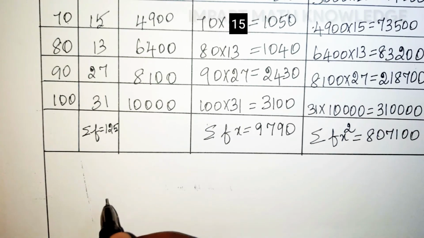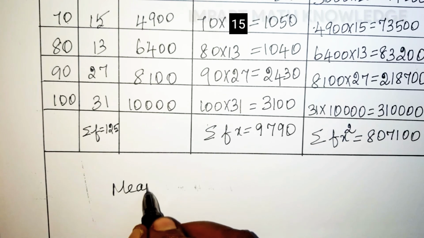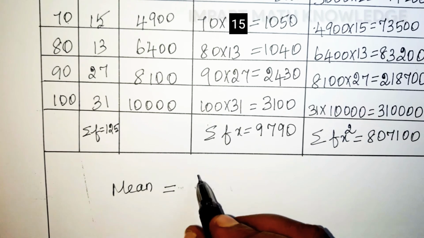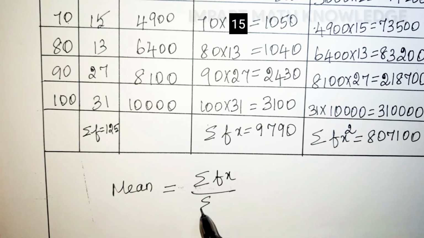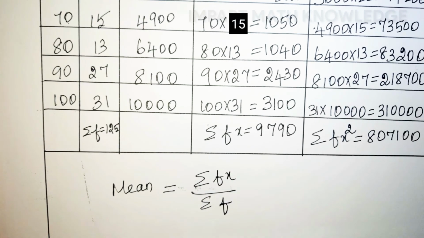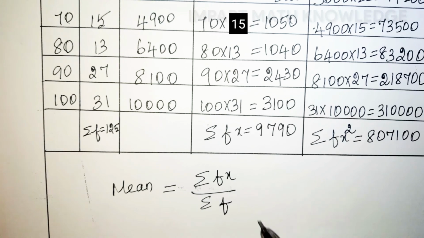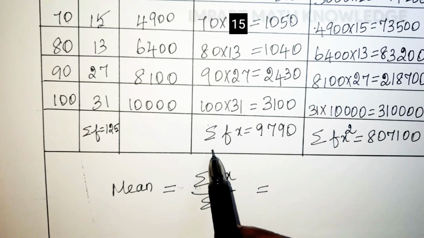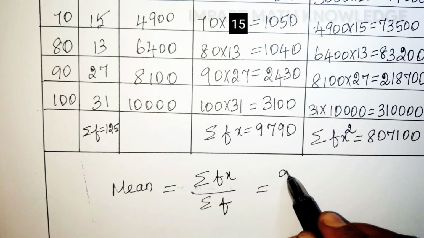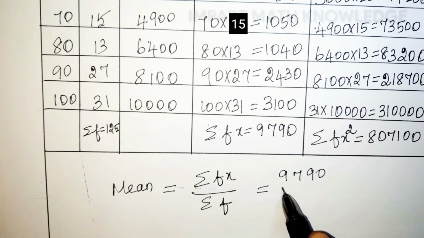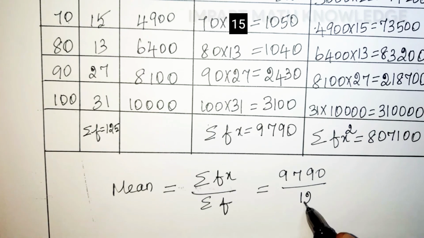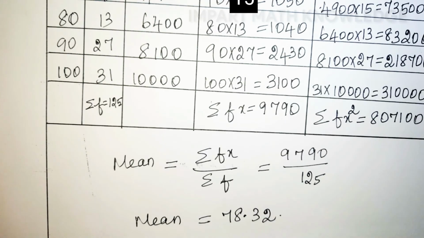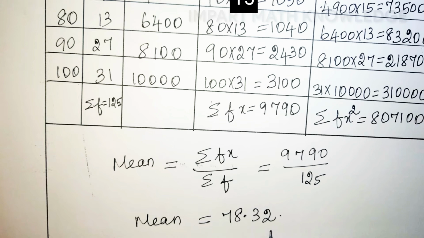First you have to find mean. Mean is equal to summation fx by summation f for frequency distribution. Summation fx is 9790, sigma f is 125. Mean is equal to 78.32.